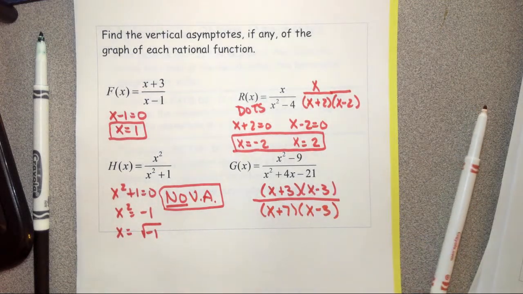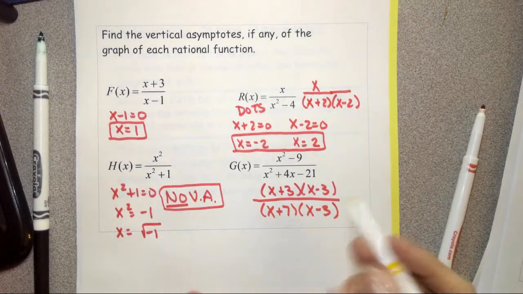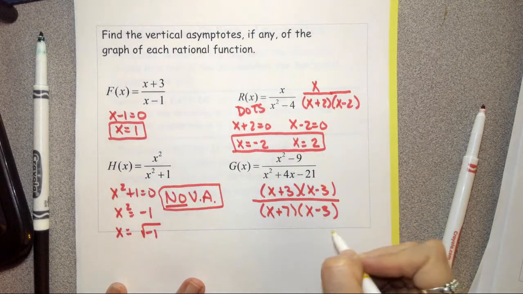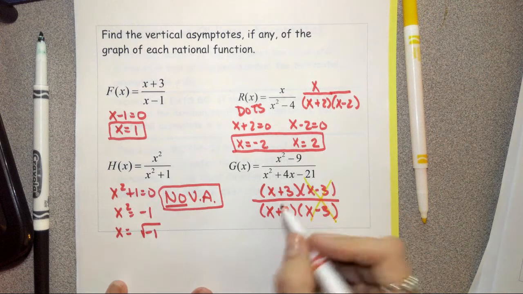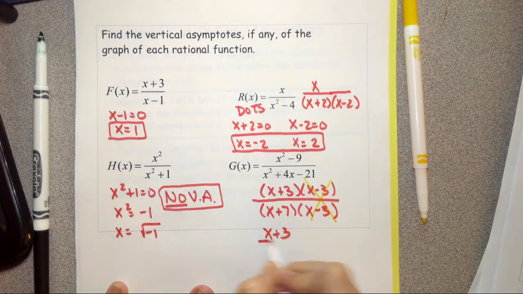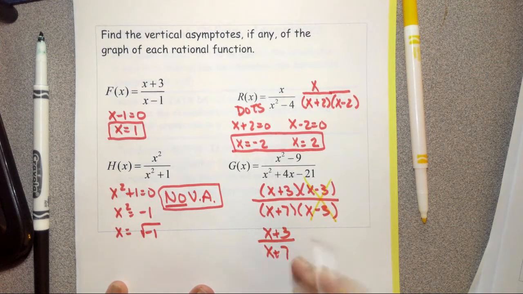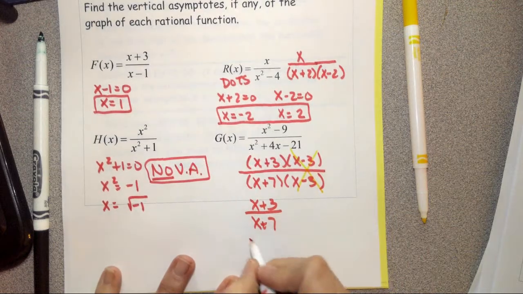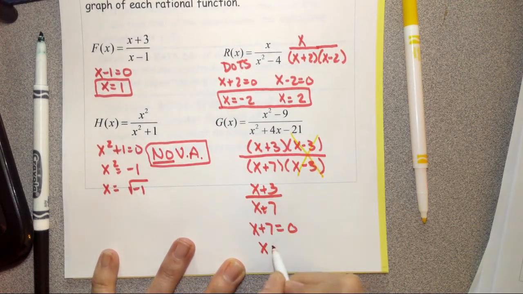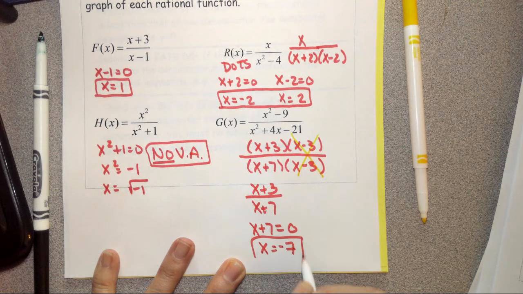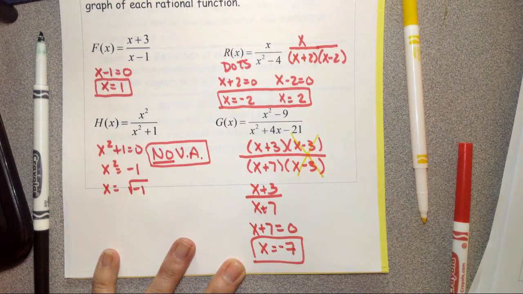And for the first time, I can now cancel. Because we've got parentheses here, these can cancel. And all I'm left with is x plus 3 over x plus 7. And now I'm going to go solve the bottom number for x. So I have one vertical asymptote at x equals -7.